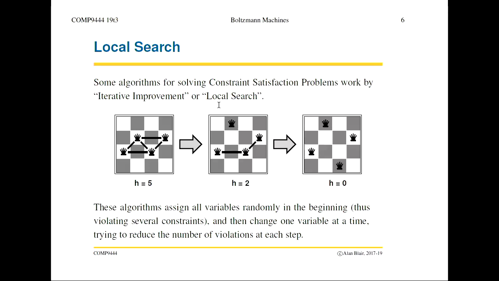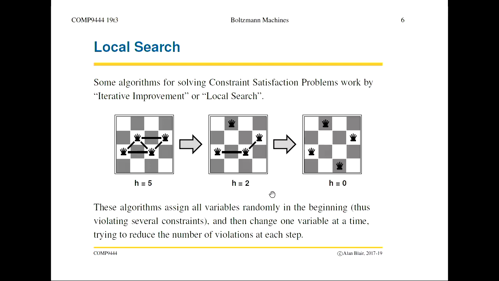So then we pick a random queen. In this case, we use a bit of domain knowledge to help us. We know that there has to be exactly 1 queen on each column, because if there were 2 queens on the same column, they'd be attacking each other.